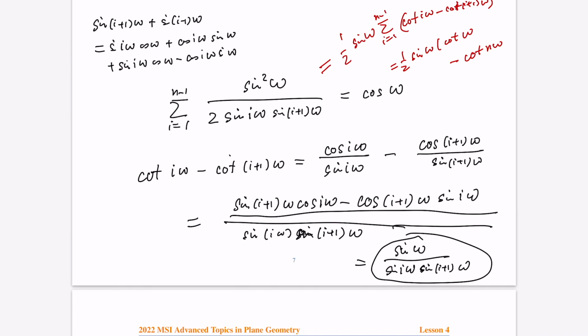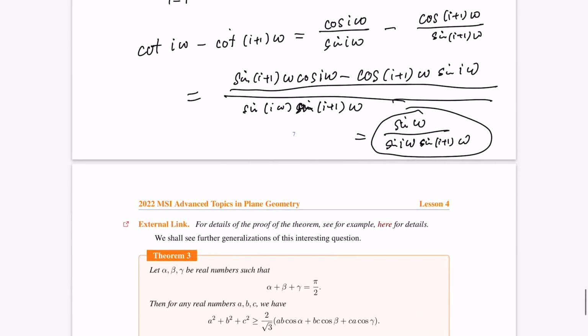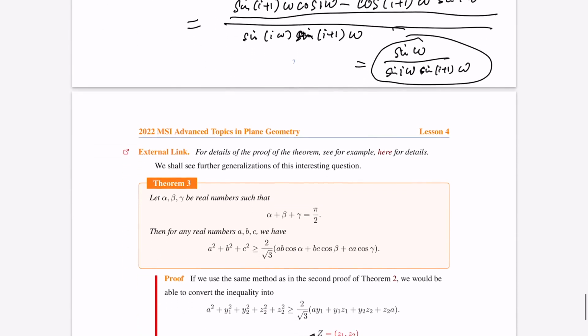Yeah, so cotangent n omega would be equal to, because omega is pi over n, cotangent pi, but cotangent pi does not exist. Maybe I computed something wrong, but that's the spirit. Maybe I skipped something here. So later I will write a cleaner solution in the homework. All right, so for the detailed proof, here is the one.